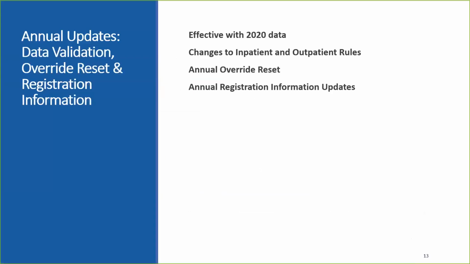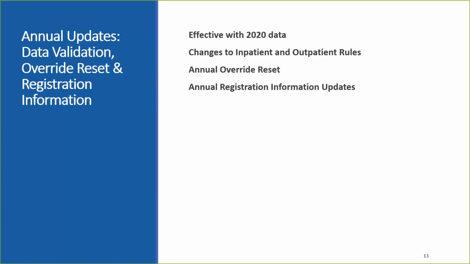So in addition to the layout changes, that modification to the location of service crosswalk, we're also, with the 2020 data submissions, going to be doing some of our regular annual updates that some of you may be familiar with at this point if you've been submitting through our system over the last couple of years.